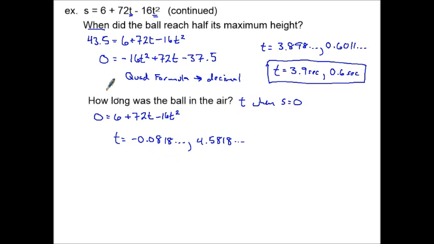So we're going to throw that one out because it's nonsensical for the scenario we're looking at. As a final answer, depending on the rounding directions you're given, I'm going to give it to the tenths, and that's 4.6 seconds. So from the time it was released to the time it hit the ground, 4.6 seconds.